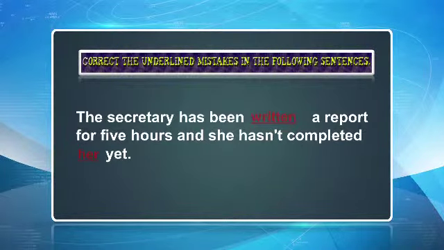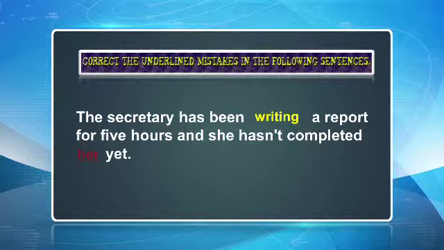And the next sentence, the secretary has been written a report for 5 hours and she hasn't completed her yet. So obviously, really big mistakes here. The first one, "written", would have to be replaced with "writing" a report. She's actively writing a report. Here we are including the continuous. So she is in the process of writing it.